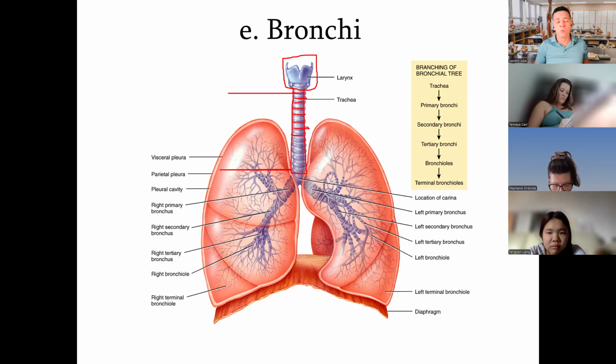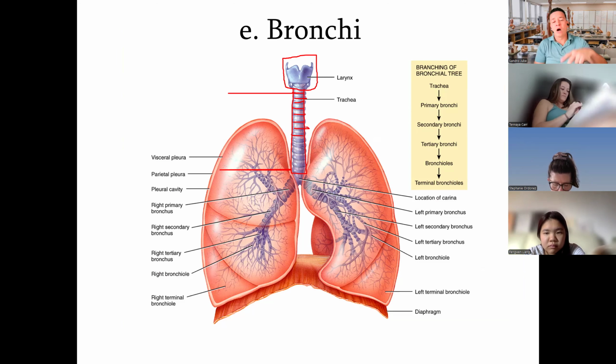The esophagus wall has smooth muscle inside. Okay? But there is no muscle within the trachea. And what keeps it open is the hyaline cartilage. If we remove the hyaline cartilage, the trachea would collapse, preventing the passage of air.